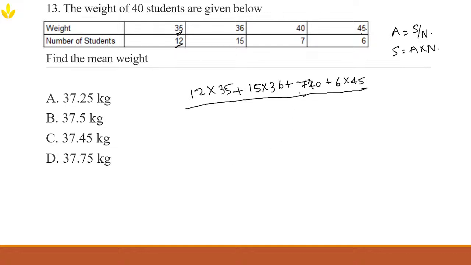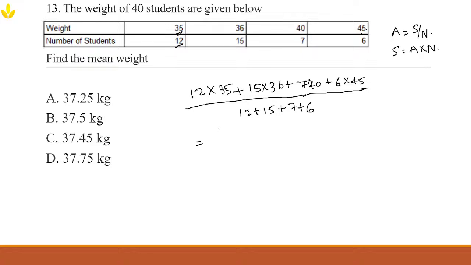What we are doing is, individually weighted average we are calculating. That is, we are individually finding what is the sum and we are finding the total sum divided by the total number of students. That is nothing but 12 plus 15 plus 7 plus 6.